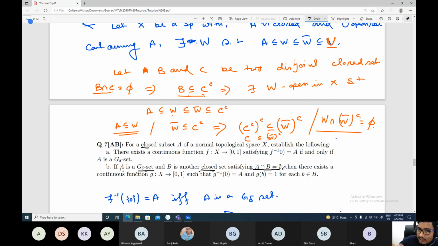In that case, you can find a continuous function g such that g inverse of 0 is equal to A and g(b) is equal to 1 for each b belonging to B. See, g inverse 0 equal to A is similar to this one, f inverse of 0 equal to A. But g(b) equal to 1 is something different, right? g(b) is equal to 1 for each b belonging to B.